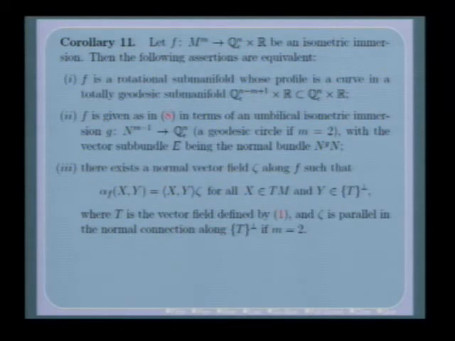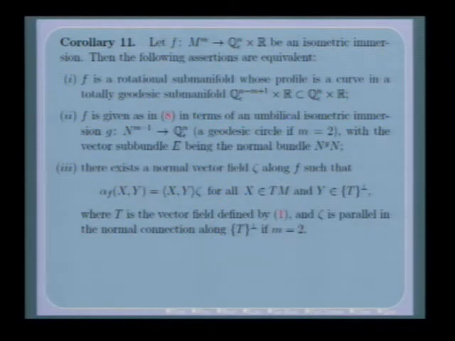So, with this corollary, we immediately see that umbilical submanifolds are rotational ones because, of course, their second fundamental form has in particular this structure. So they are rotational submanifolds.